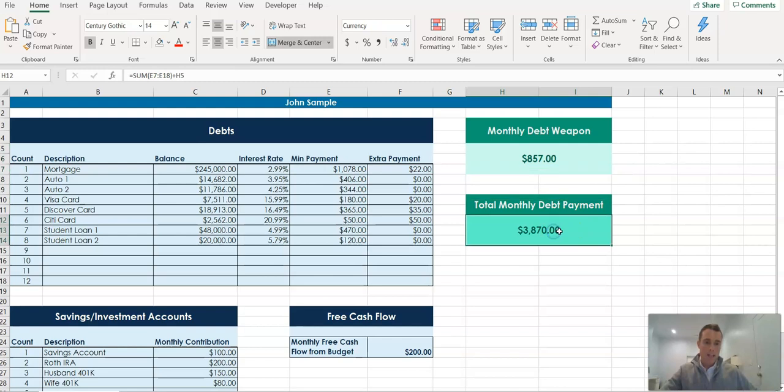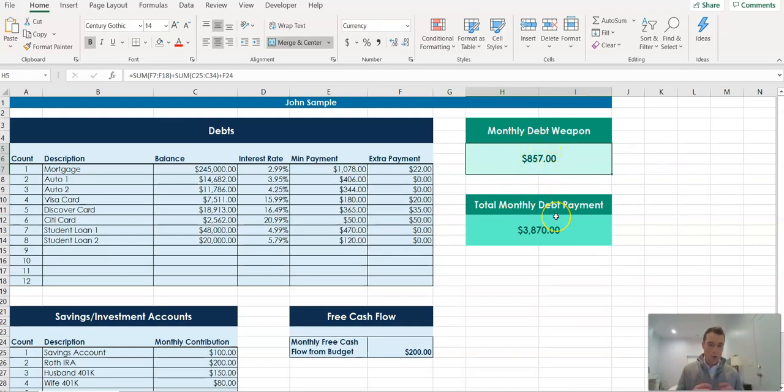The box below that also auto-calculates, and it shows our total monthly debt payment. This is just the minimum debt service payments on our debts plus the total debt weapon amount that we're going to attack our debts with.